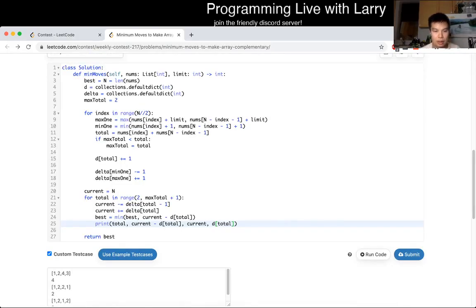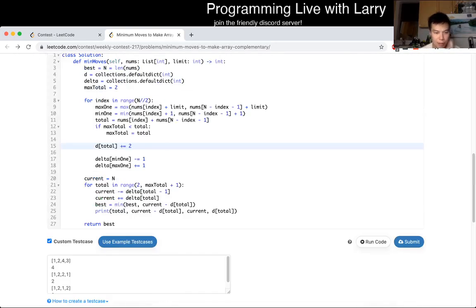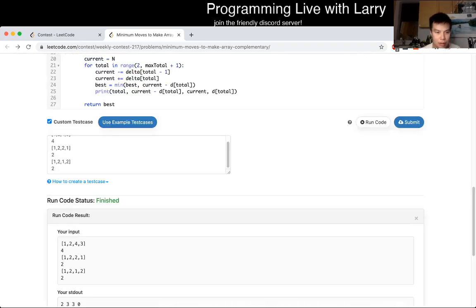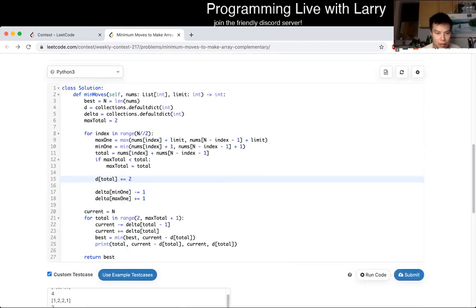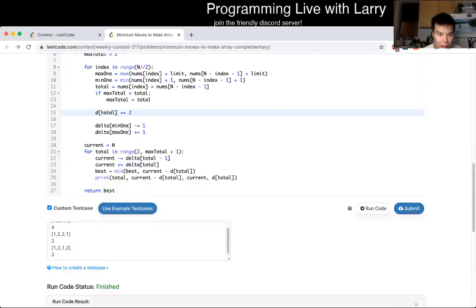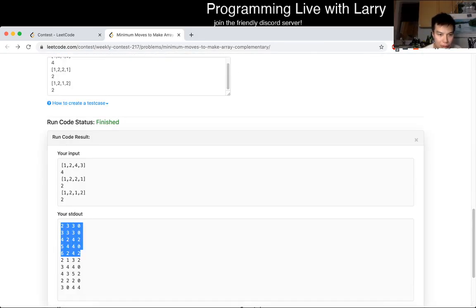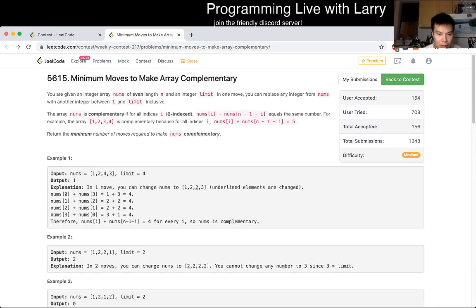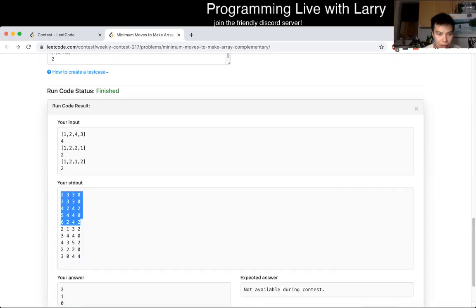Oh, this is this. Okay. Still not right, but slightly better maybe. 4, 2. We want to get it to 4. And it's actually 1.